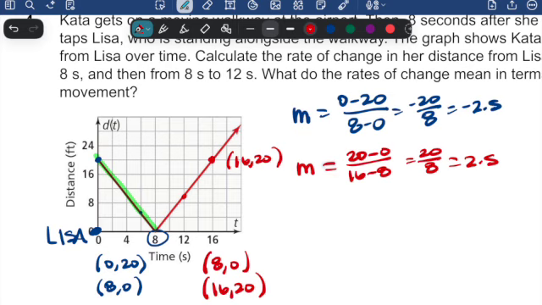Yes. And you can see the slope is the same, just opposite signs. Remember, if we have an absolute value function, it is symmetrical. That means the rates of change should be equal in magnitude, just opposite signs. So same value, just opposite signs on either side of the axis of symmetry.